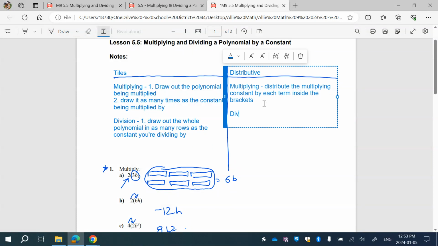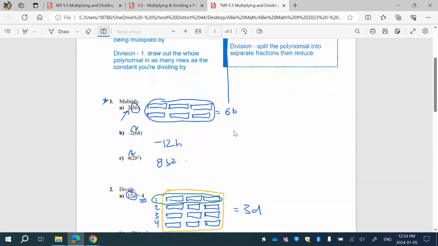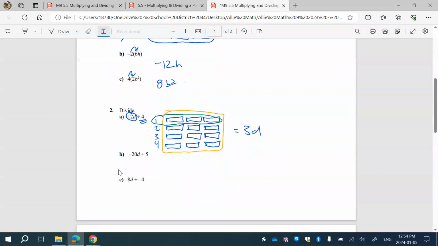So for division, you split the polynomial into separate fractions, then reduce. Okay, so here we go. Let's do these ones.